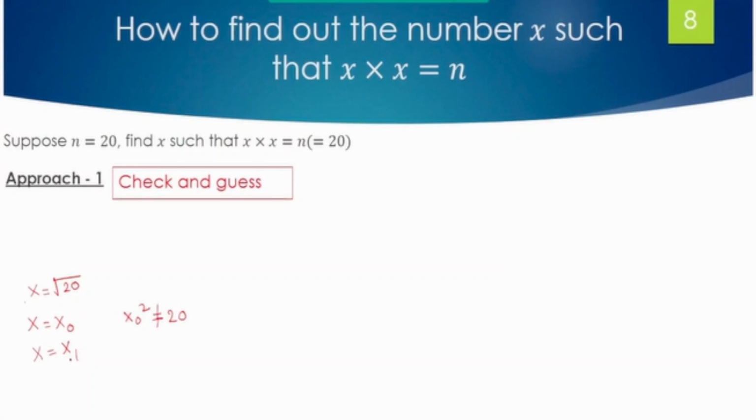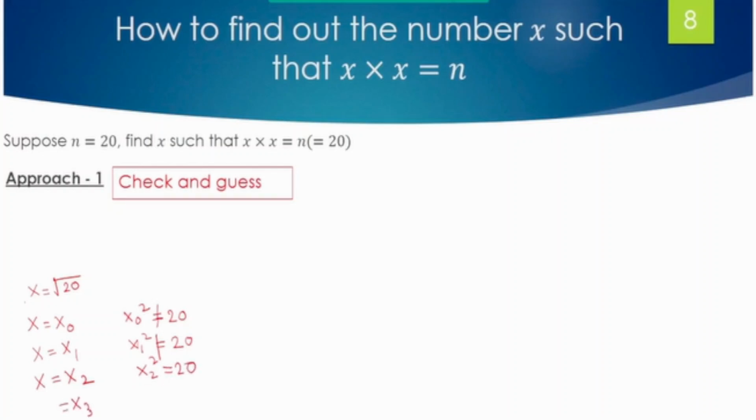So how do you check whether this x1 is a solution or not? Again, you will do x1 square. If it is equals to 20, you will stop the process and say x1 is the answer. If not, then you will re-update the value of x by x2, and again you calculate x2 square here. Now if it is equals to 20, you will stop, otherwise you will re-update the x by x3.